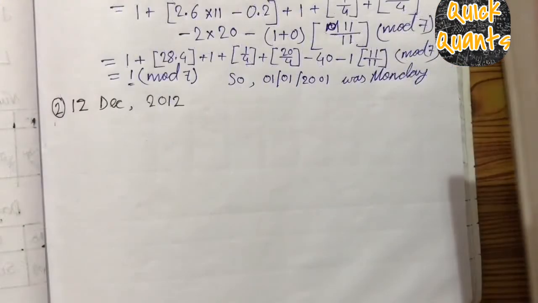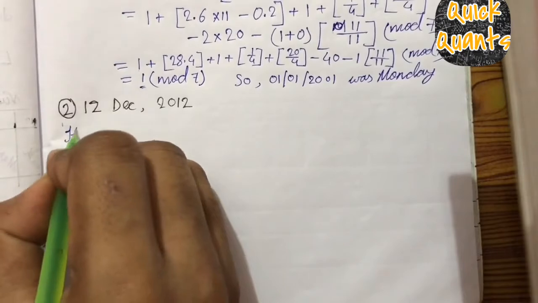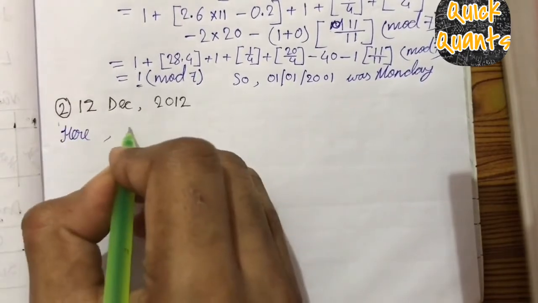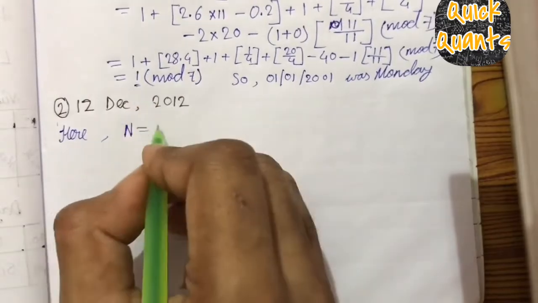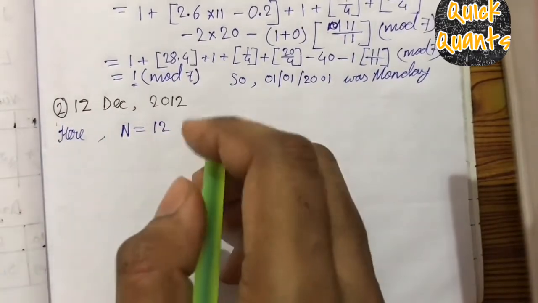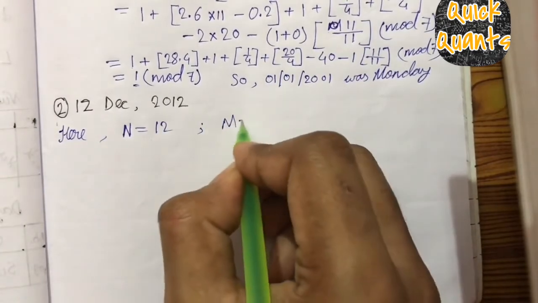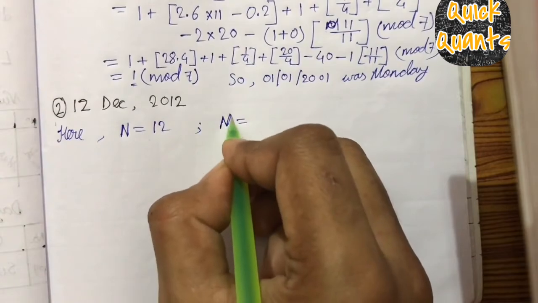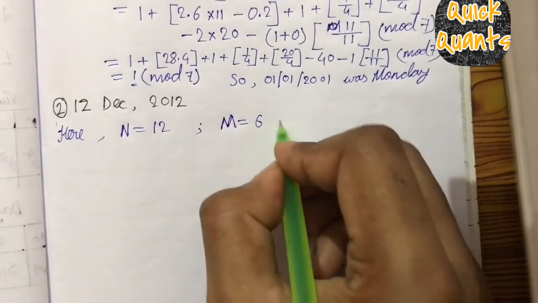Let's find the day of 12th December 2012. Similarly, you can write here the number of month is 12, it's 12 December. Here for December, we denote the month by 6 as per the table.